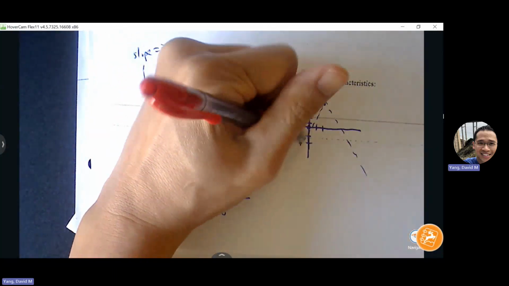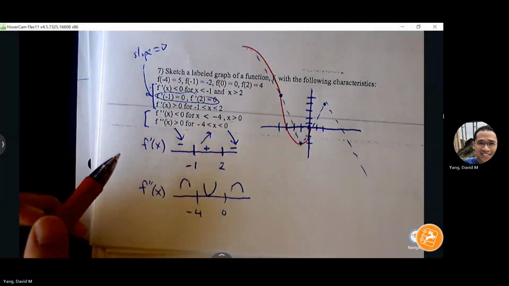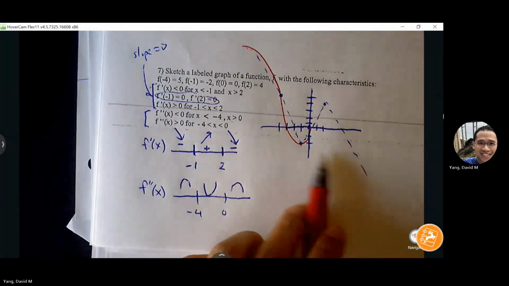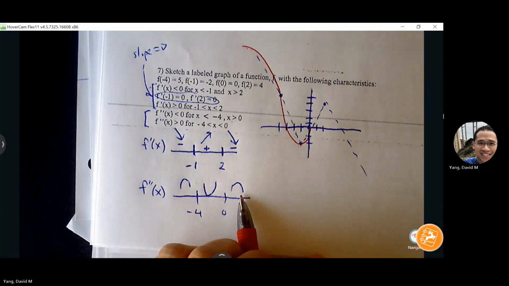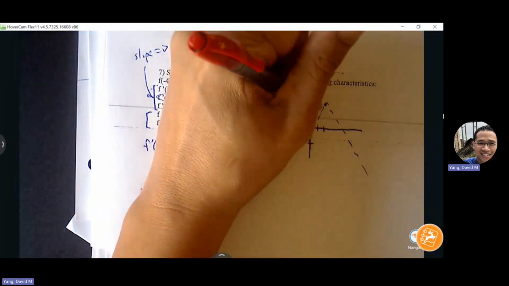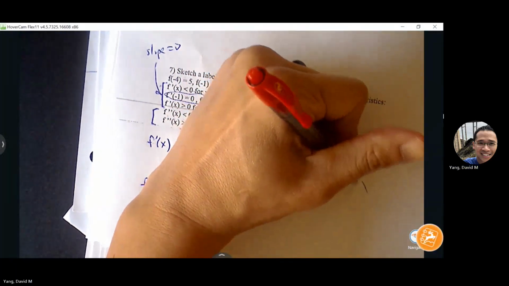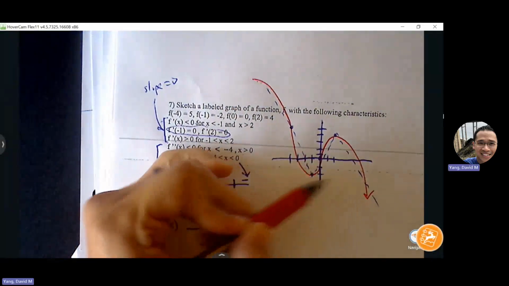We're basically following the path, but we're just matching the curvature that we want. And then to the right of 0, concave what? Concave down. Notice we're still following the path. We're just giving it more curvature.